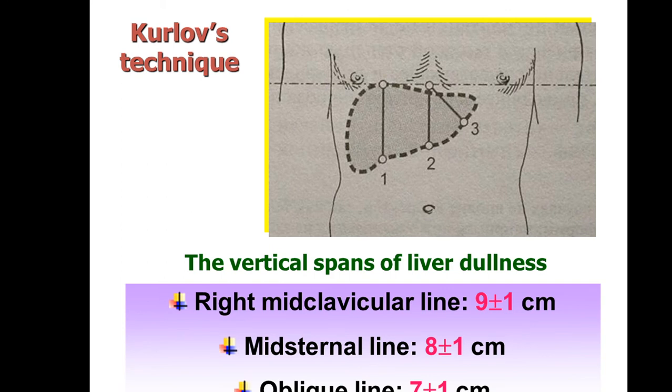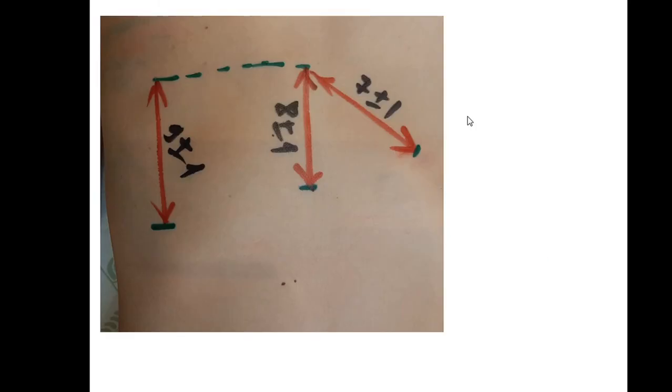But mostly in our practice we use Kurlov's technique, and in the Kurlov technique there are only 3 sizes. By the right mid-clavicular line, this size should be 9 plus minus 1 centimeter, and then by the mid-sternal line 8 plus minus 1 centimeter, and the oblique line is 7 plus minus 1 centimeter.